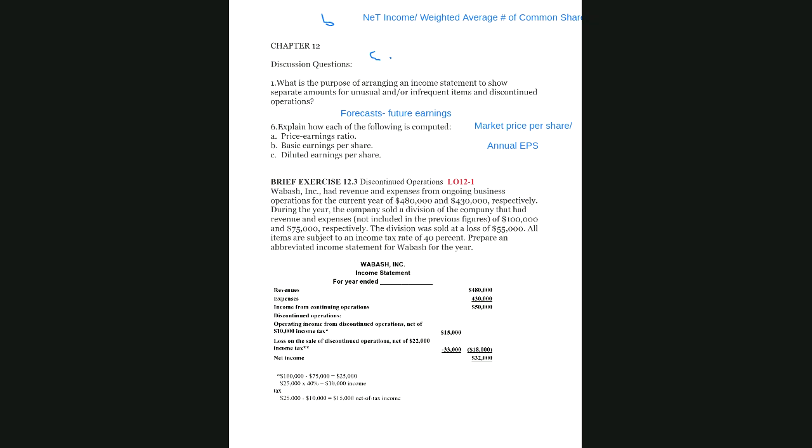So basically, when we're calculating diluted earnings per share, we're doing an as-if computation. We have what the basic earnings per share is, but there are convertible securities, so we're calculating what would happen.